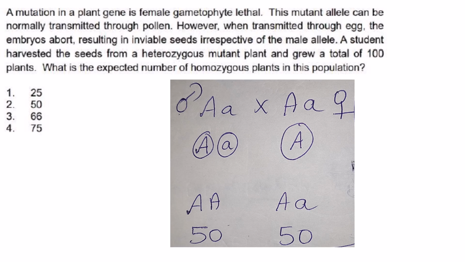So even if the male allele is supplying the normal gene and the female allele is supplying the defective, gametophyte lethal allele, it will result in the formation of inviable seeds irrespective of the male allele.